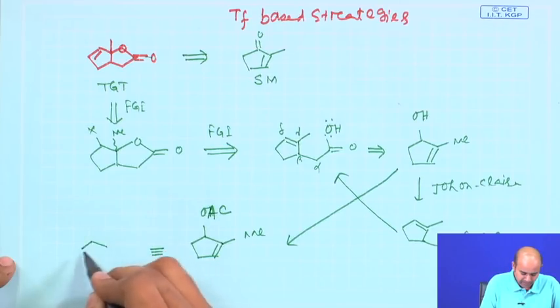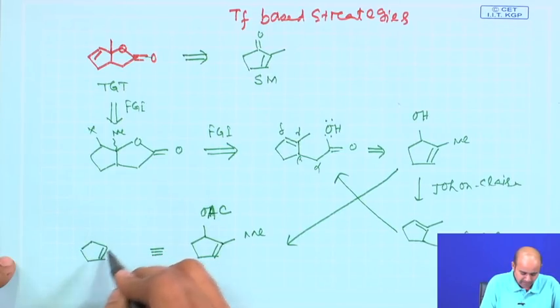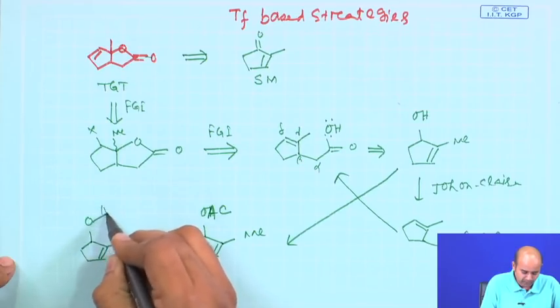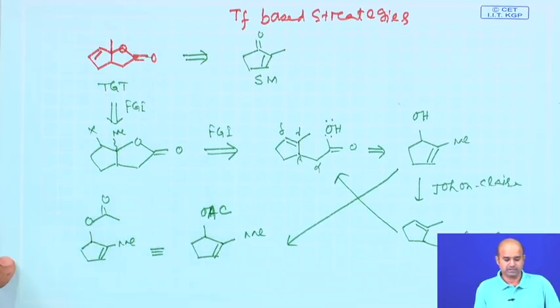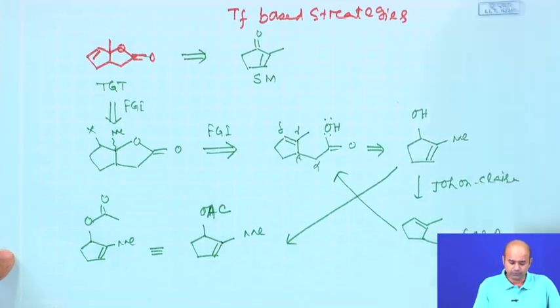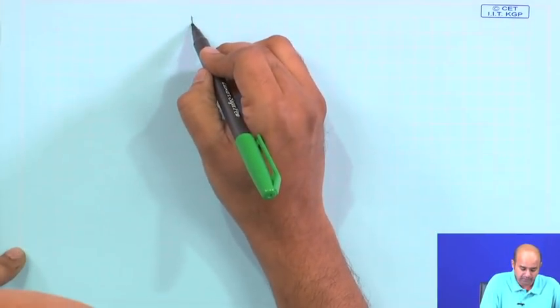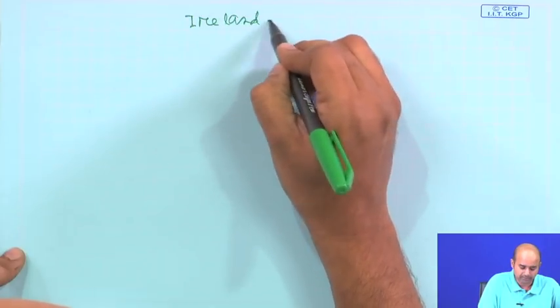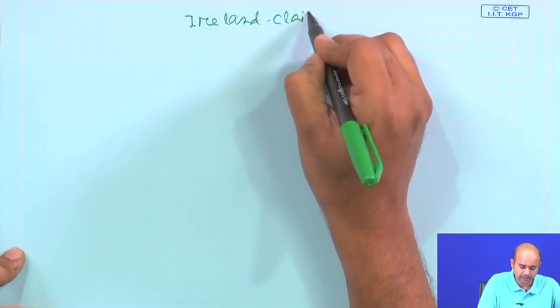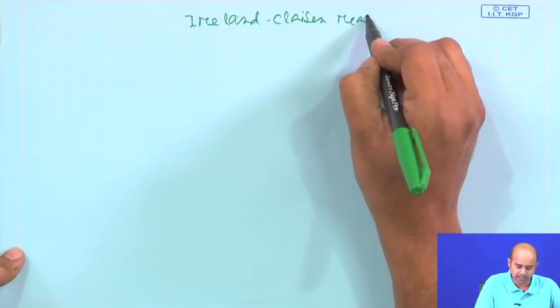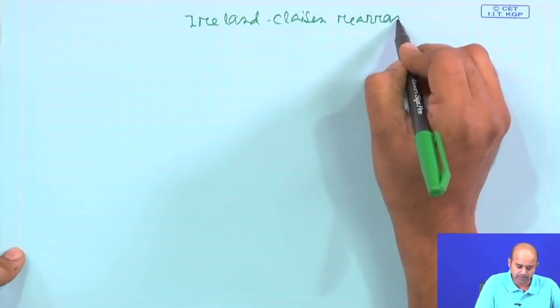It is basically OCOCH3. Okay. So, now we will use a similar kind of 3,3 sigmatropic rearrangement which is named the Ireland-Claisen rearrangement. It is a similar variation of the Johnson orthoester rearrangement, named the Ireland-Claisen rearrangement.